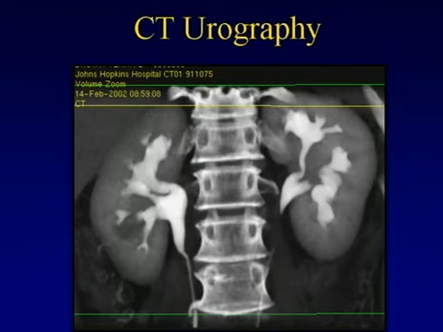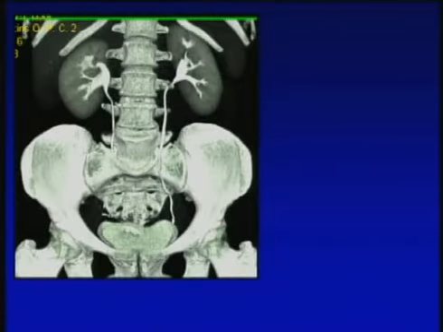So when you acquired the excretory phase imaging, it was not enough to simply show axial excretory phase images. That would not cut it, but you need to show everything in a 3D display. So the volume visualization allows you to look at the kidneys, the pelvis, calyceal system, ureters, and look at it through a range of perspectives, of course, and do that interactively and provide the urologist with all the information they're classically used to.